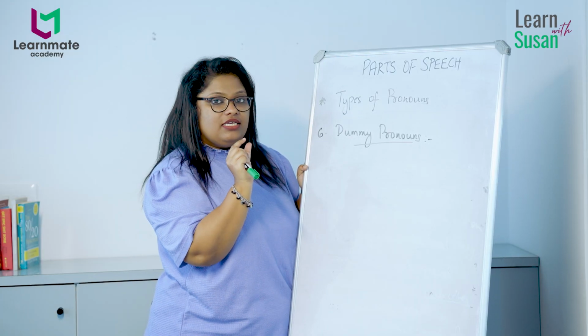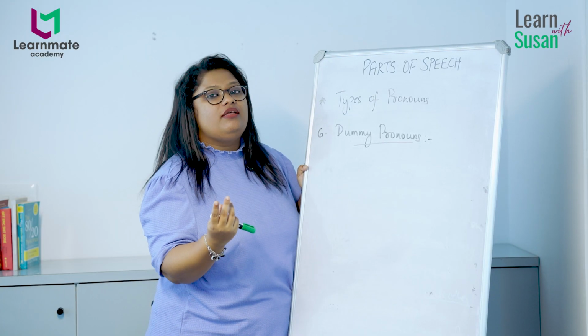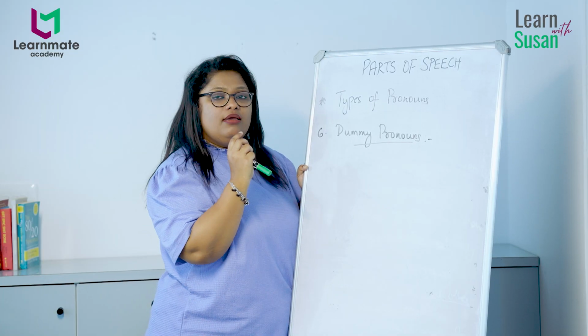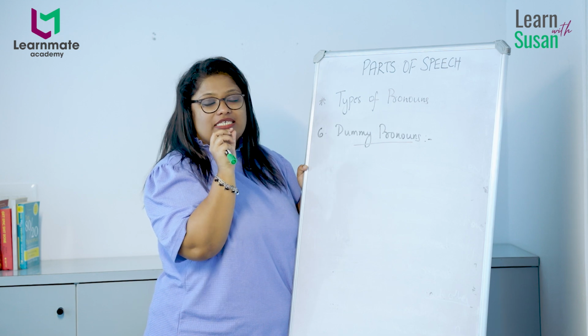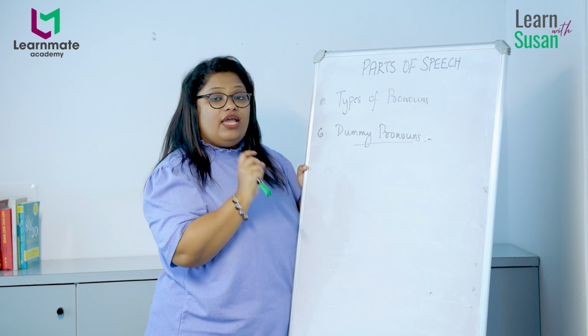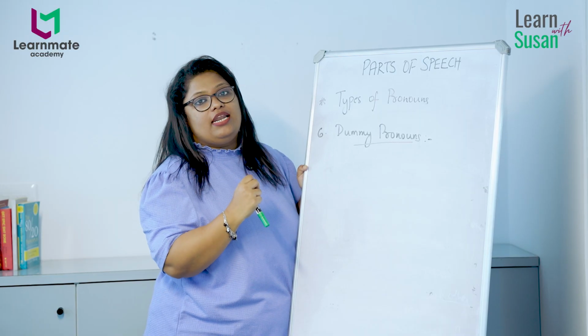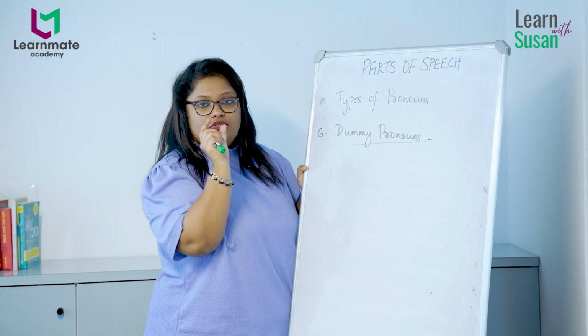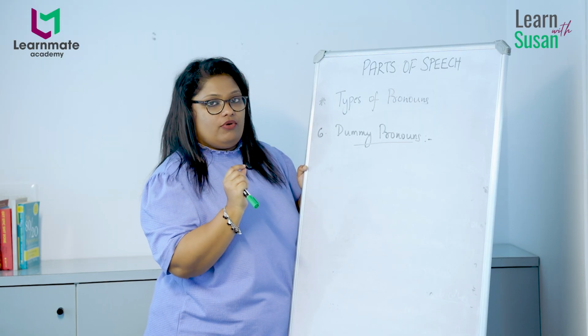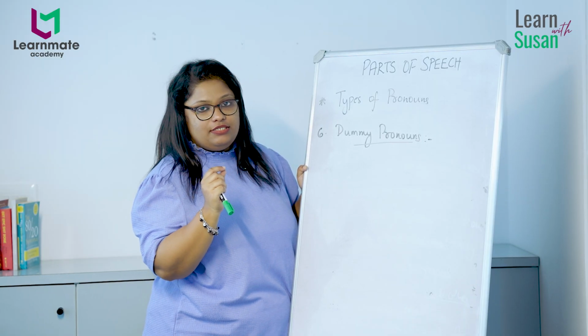So the word it does not refer to any other noun in the sentence. So that can be considered a dummy pronoun which does not have an explicit meaning. Another example is there are thousands of animal species in the world. So there is considered a dummy pronoun which does not have an explicit meaning.